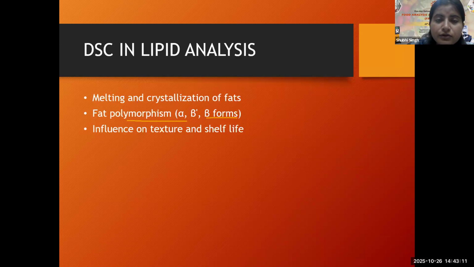So you can check at what temperature this polymorphism is occurring, or your fats start losing their crystallinity. Influence on texture and shelf life. So all these results you can depict from the DSC of a lipid sample.